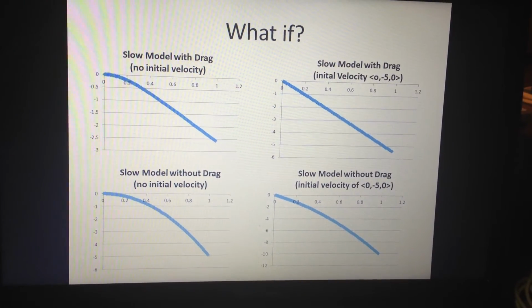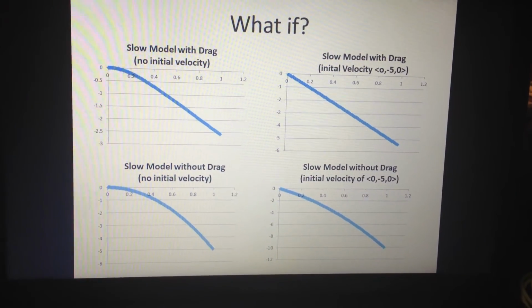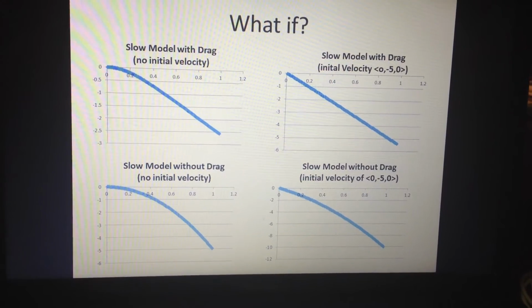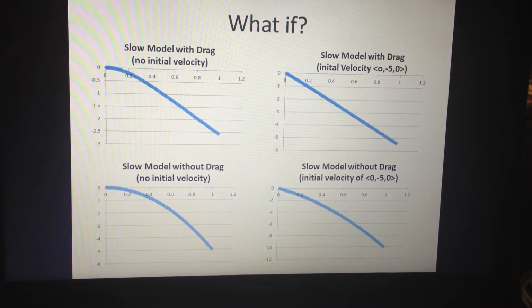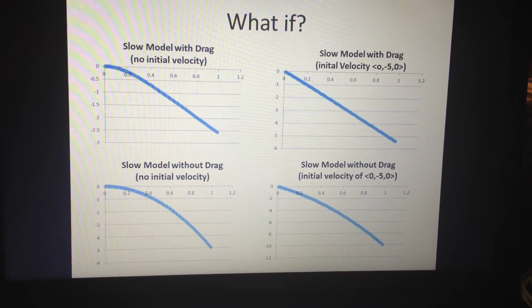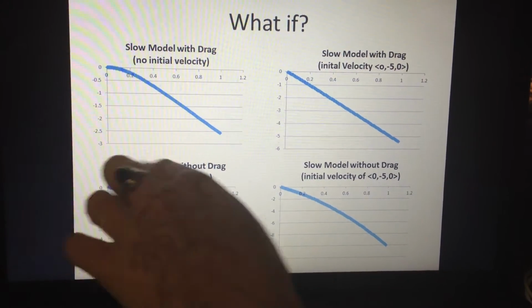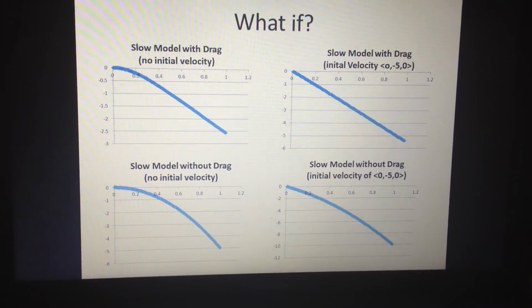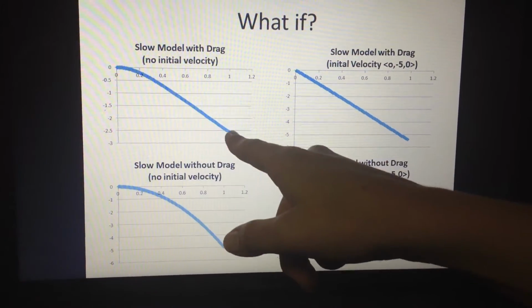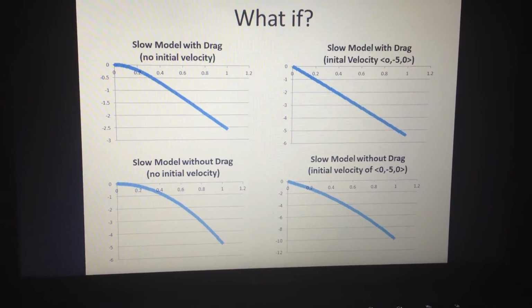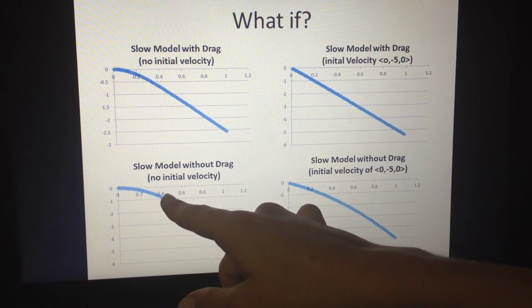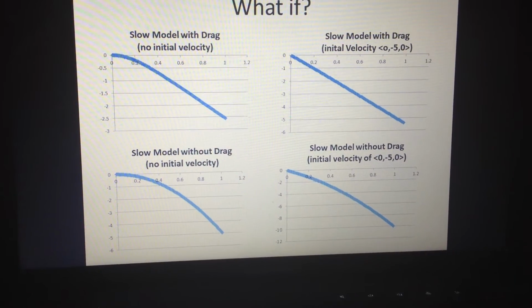I looked at a model with no initial velocity because I just dropped the objects, so we looked at comparing them with something with an initial velocity in the y direction. So we have my slow model first, with no initial velocity. You can see here, with drag, it has constant velocity, and then without drag, we have increasing velocity.